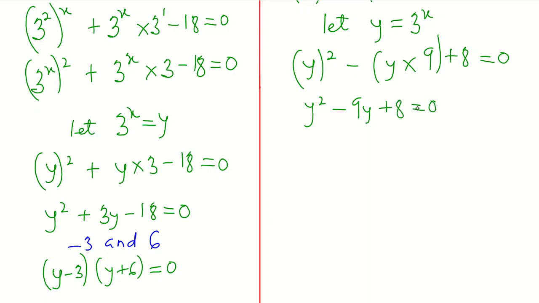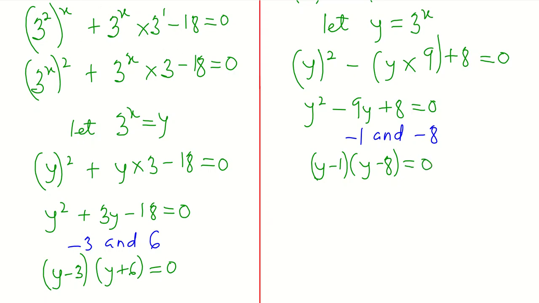So at this point, this is a quadratic equation, and the possible factors of it, that when we add we are going to get minus 9, and when we multiply we are going to get positive 8, are minus 1 and minus 8. So it means we can rewrite a simplified version for the quadratic equation as y minus 1 multiplied by y minus 8, which is equal to 0.